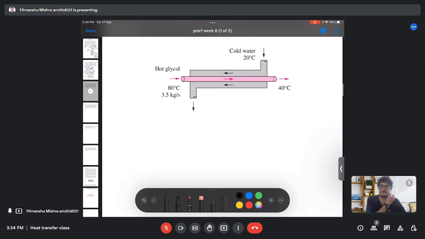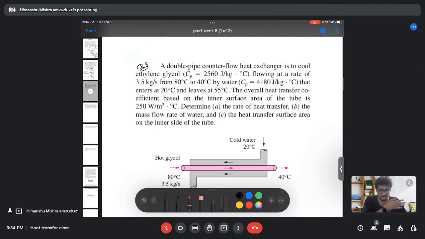We can first find the heat transfer rate based on the inlet and outlet temperature of the ethylene glycol. We can also find it based on the water temperatures, but since we need to find the mass flow rate of water, we could not get the heat transfer, because we would have two unknown quantities. But the mass flow rate of the ethylene glycol is given, so we will use the inlet and outlet temperature of the ethylene glycol.